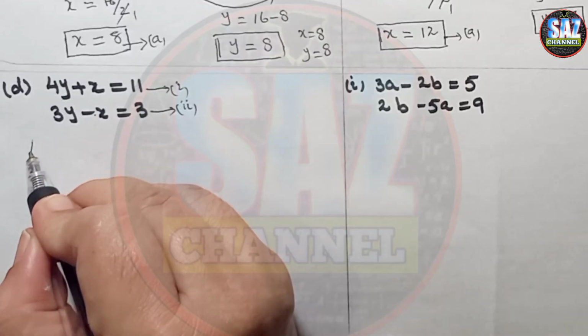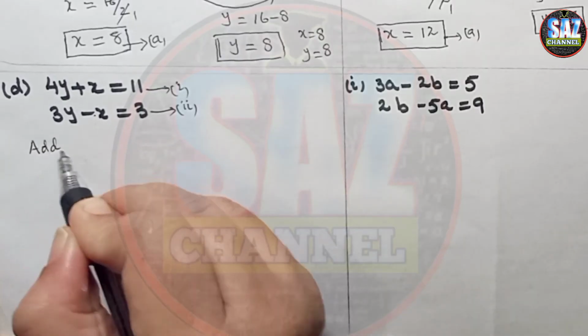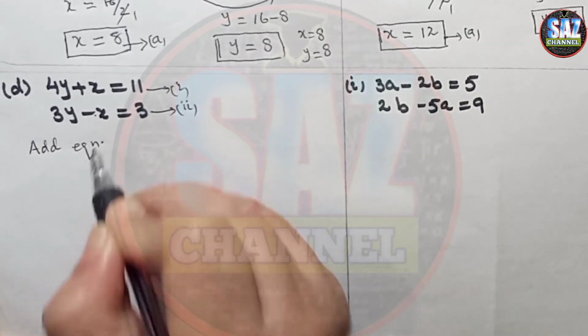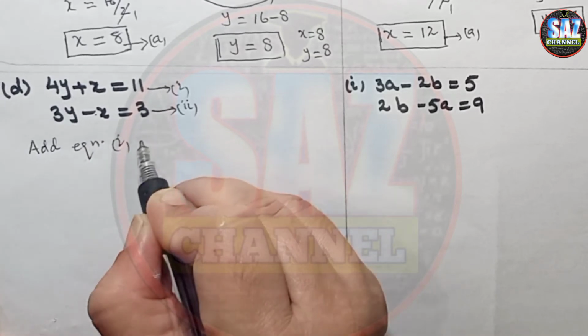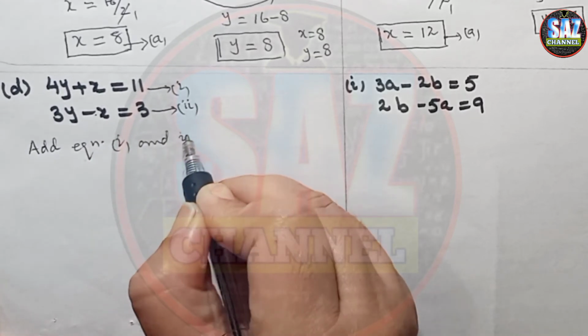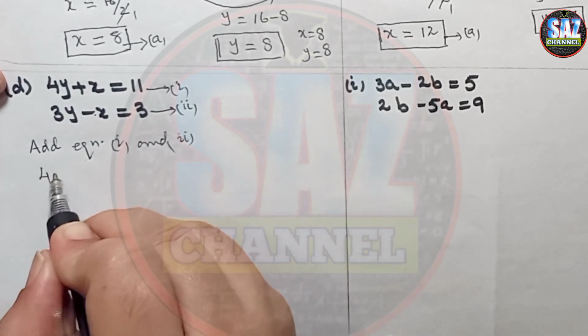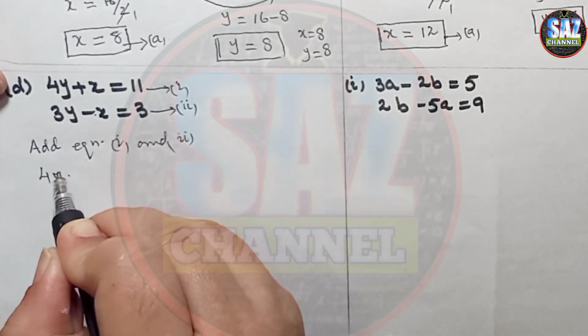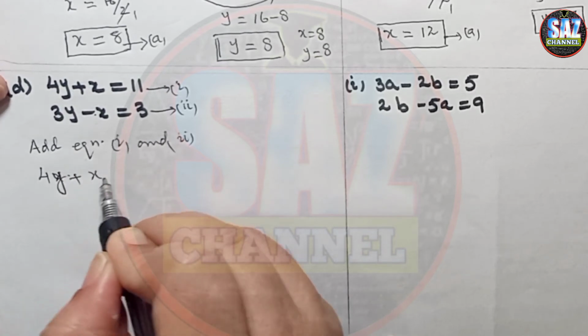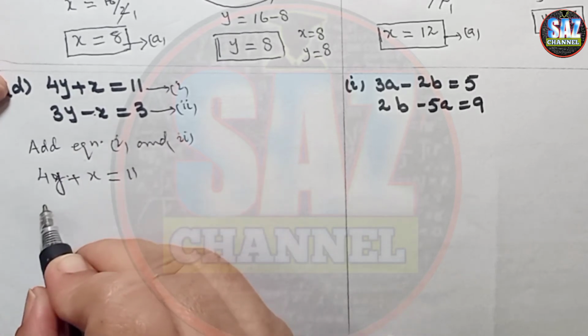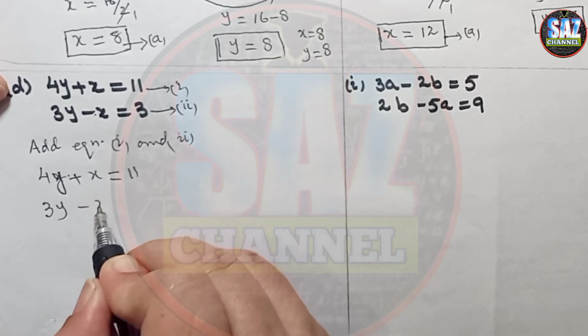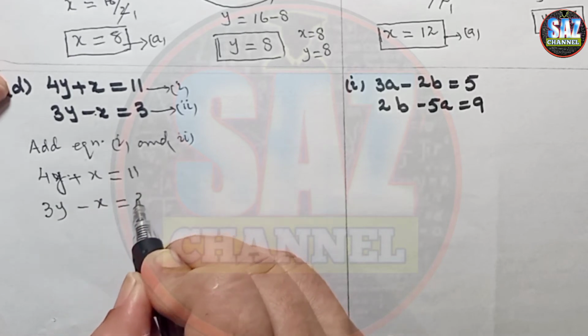So what we have to do is add equations 1 and 2. When I add equations 1 and 2, I have to write the equations together: 4y plus x equals 11 and 3y minus x equals 3.